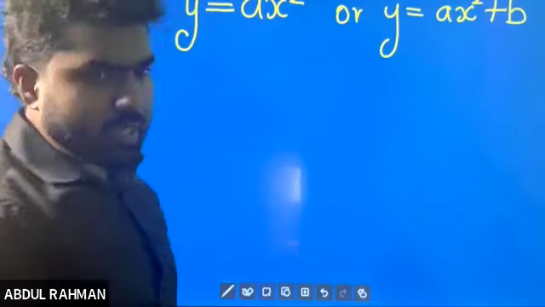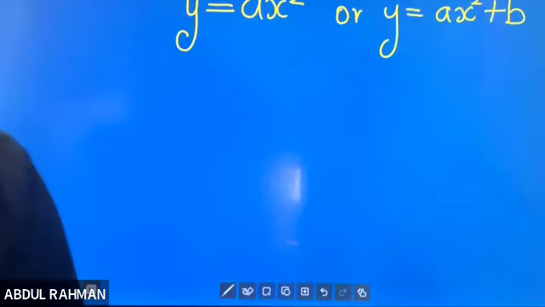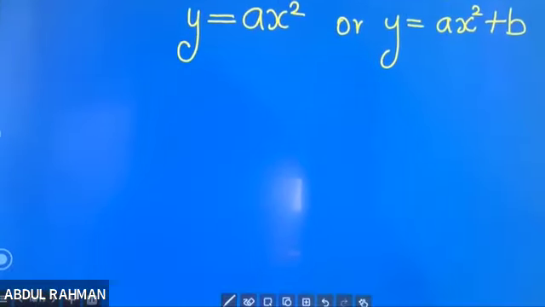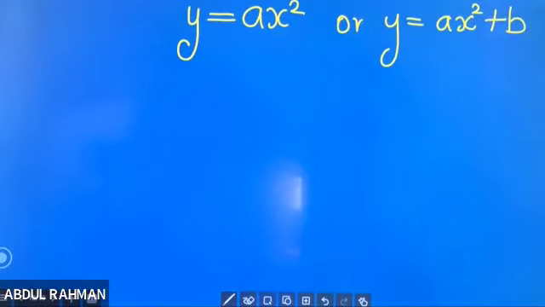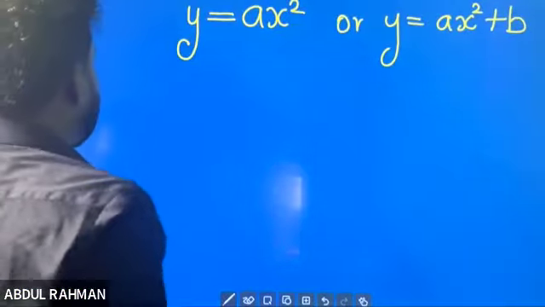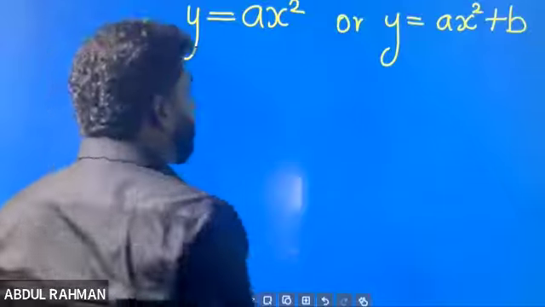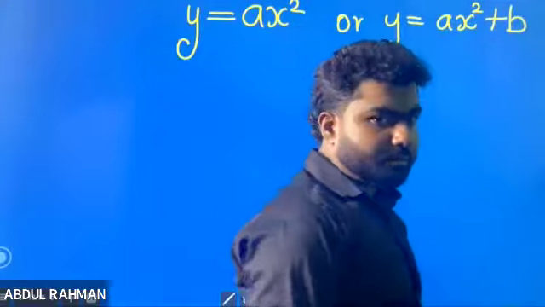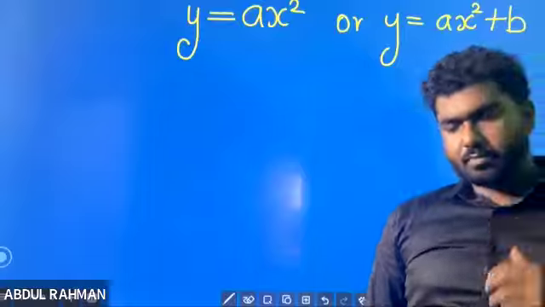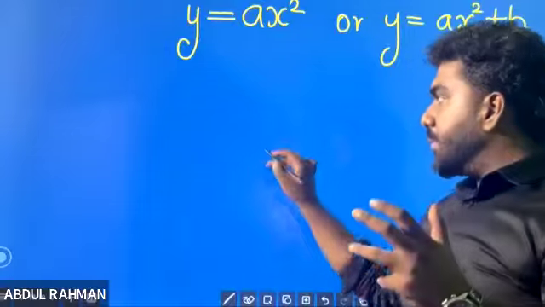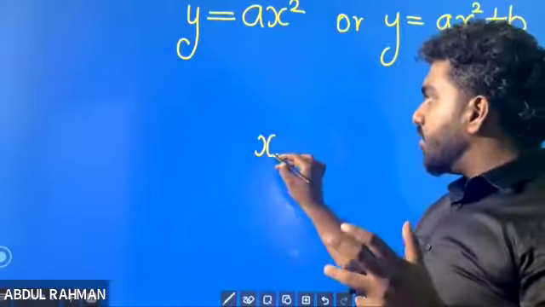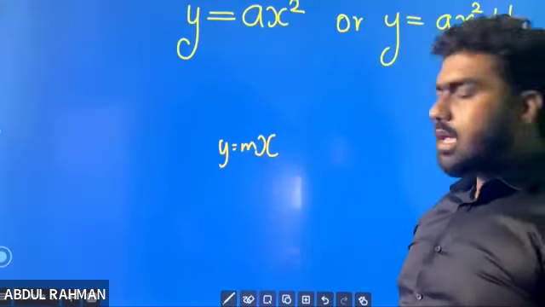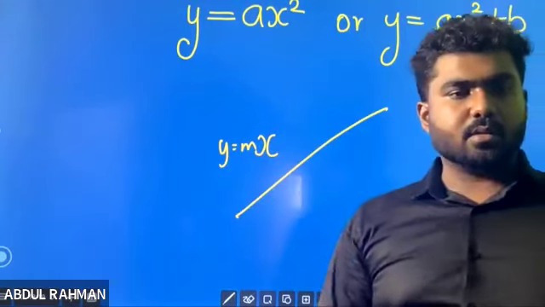Now, what is the difference between these? In the previous one, I had y equals mx. I had x, and x gives a straight line.